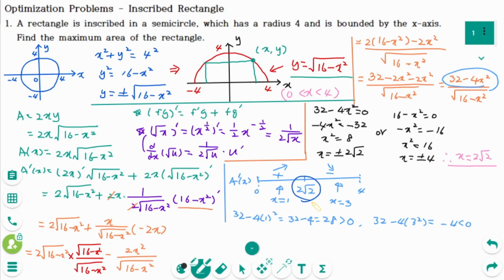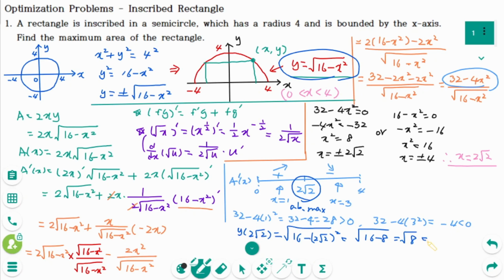Now we verify that x equals 2 square root of 2 gives an absolute maximum value for A. y equals square root of 16 minus x squared. When x equals 2 square root of 2, then y equals square root of 16 minus (2 square root of 2) squared, which equals square root of 16 minus 8, that means square root of 8, which is 2 square root of 2.